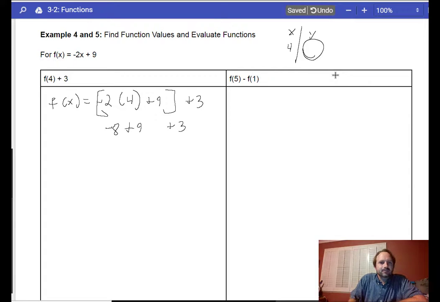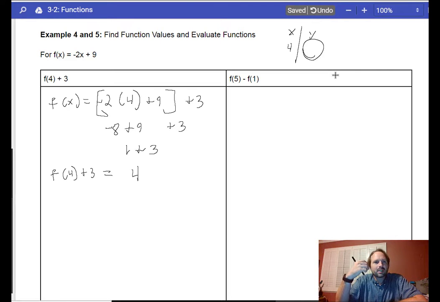So negative 8 plus 9 is 1. We still have that 3. And so f of 4 plus 3 would equal 4. That's it. So sometimes we're going to be asked to add certain things or subtract certain things with functions.